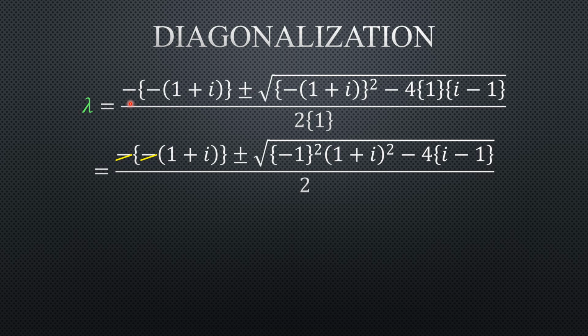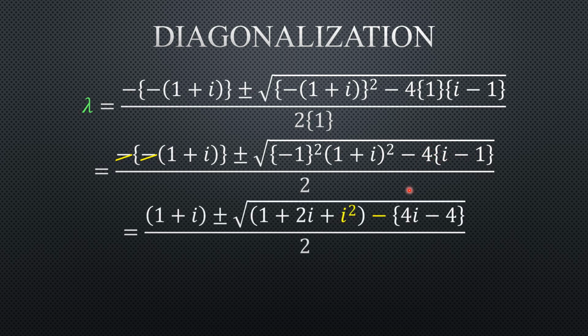Let's start. We see that the negative signs here and here cancel. We can factor out the -1 here, because then squaring it will lead that to a positive number, and then we could square this and distribute it, as well as dump this 4 into the curly brackets. So dumping the 4, we see that there. We'll have to dump that negative in soon. This -1 squared goes to 1, and then we just FOIL out the 1 plus i squared, leaving us with this.